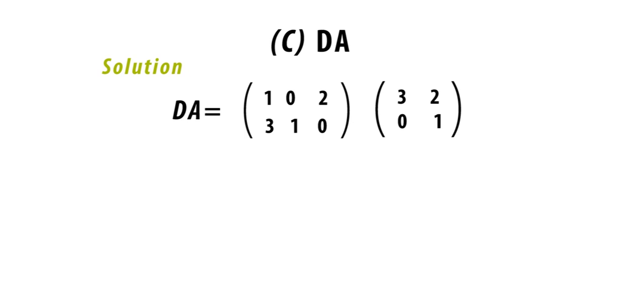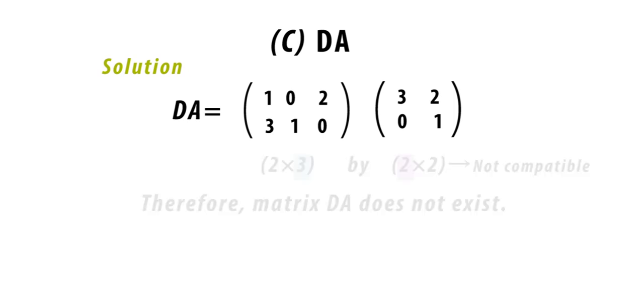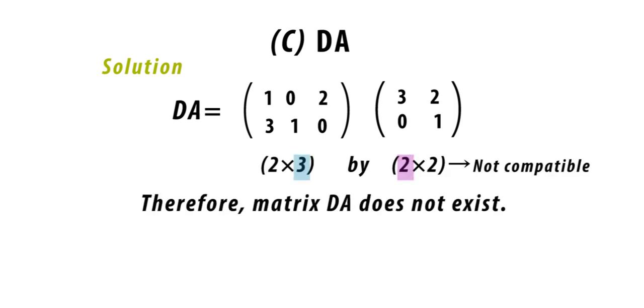Matrix D is a 2 by 3 matrix, and matrix A is a 2 by 2 matrix. These two are not compatible. Therefore, matrix DA does not exist. We cannot multiply them. Good.